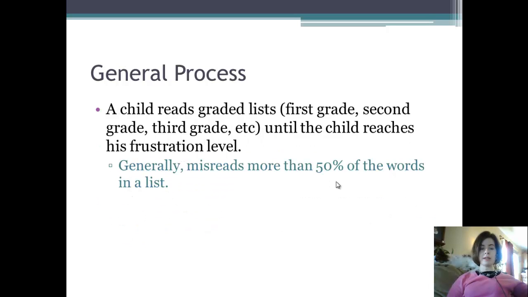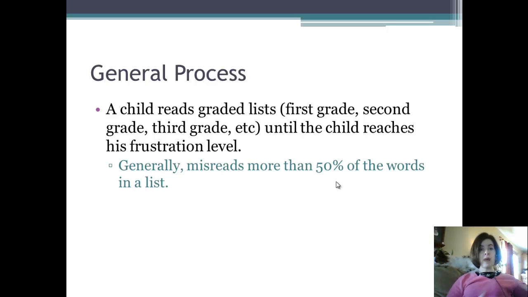Here's the general process when testing or assessing a student's word recognition skills in isolation. First, a child reads the graded list. Now, generally, we present graded lists at the primer or pre-primer level. It's okay to present to an older child a very beginning word list.